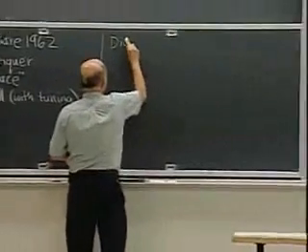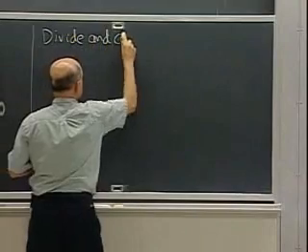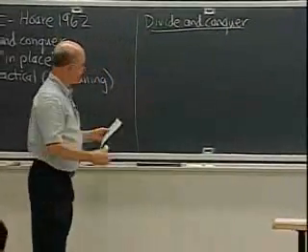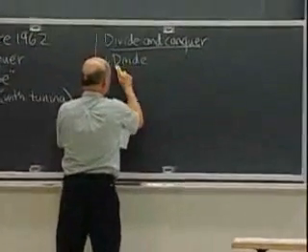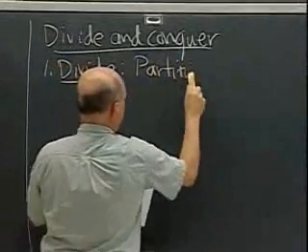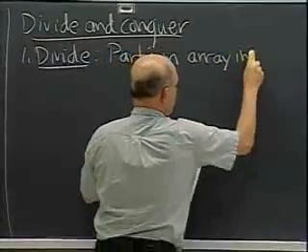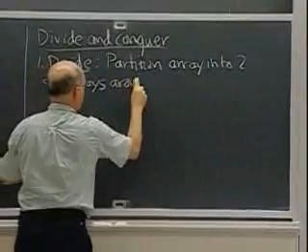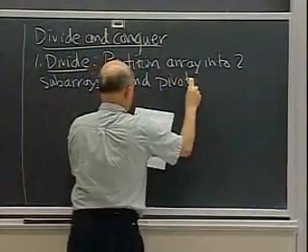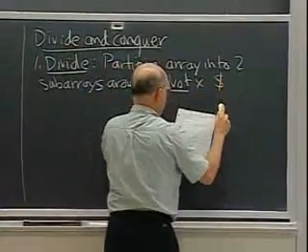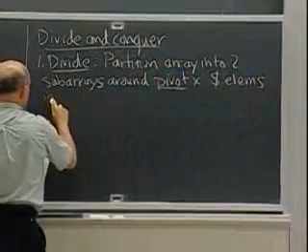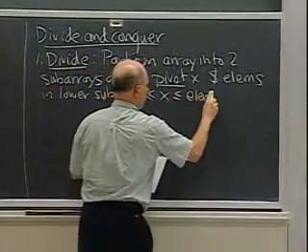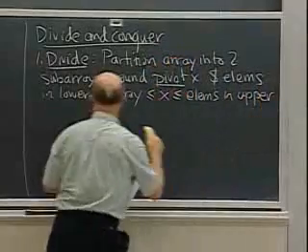So it uses the divide and conquer paradigm. And so the first step is divide. To do this, it basically partitions the input array into two subarrays around an element we call the pivot, such that elements in the lower subarray are less than or equal to x, and x is less than or equal to elements in the upper subarray.